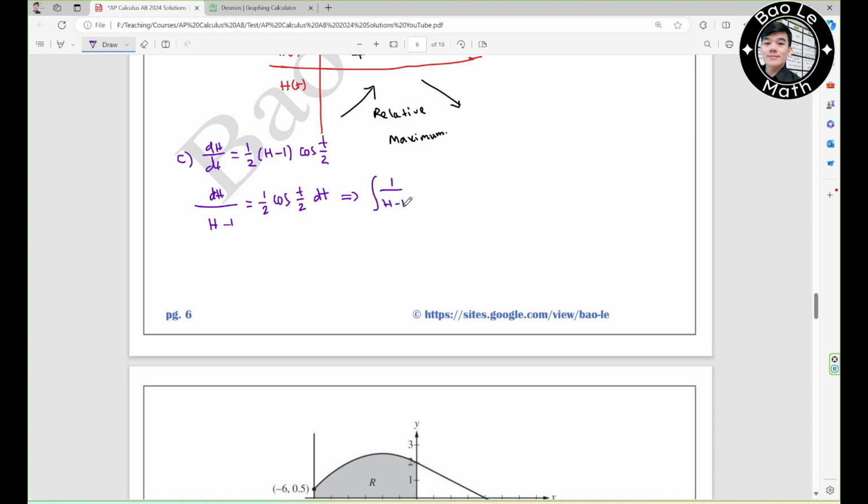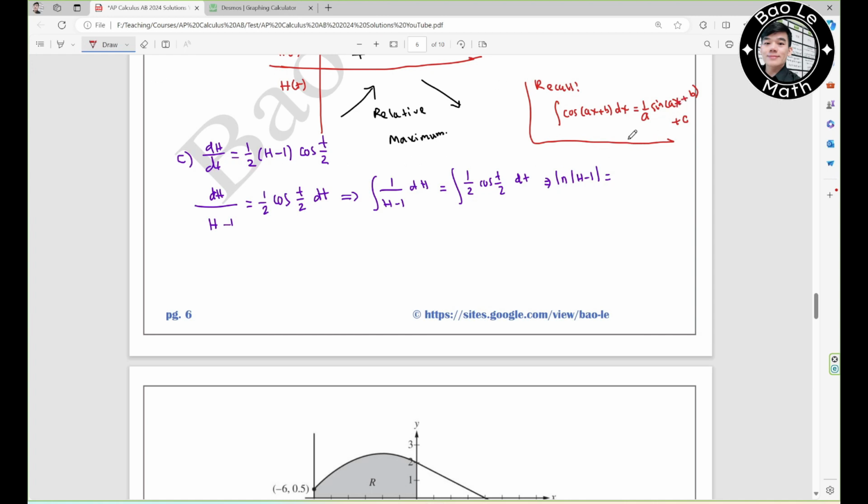1 over h minus 1 dh equals 1/2 cosine t over 2 dt. Now integrating, this one is going to be natural log of absolute value of h minus 1 equals... now recall the antiderivative of cosine of as plus b ds is going to be 1 over a sine of as plus b plus c right here.